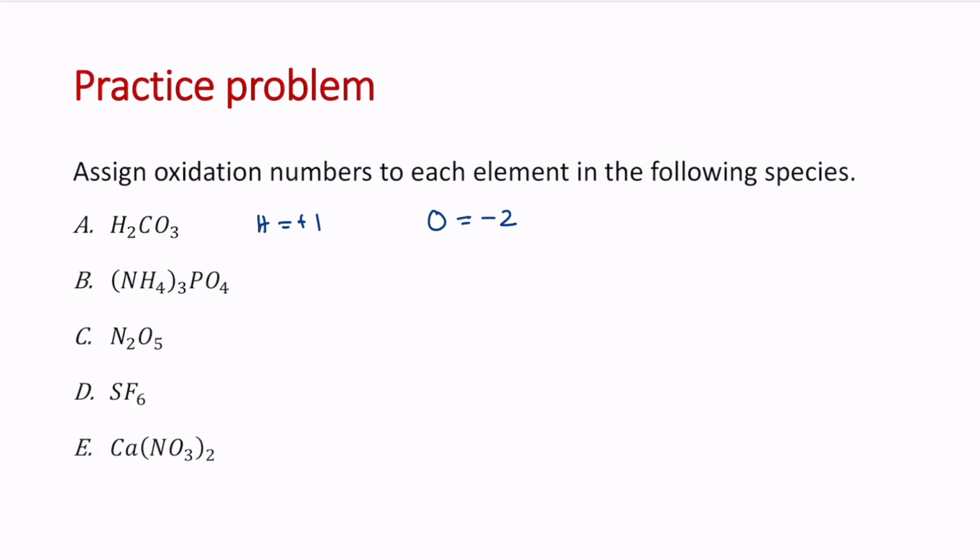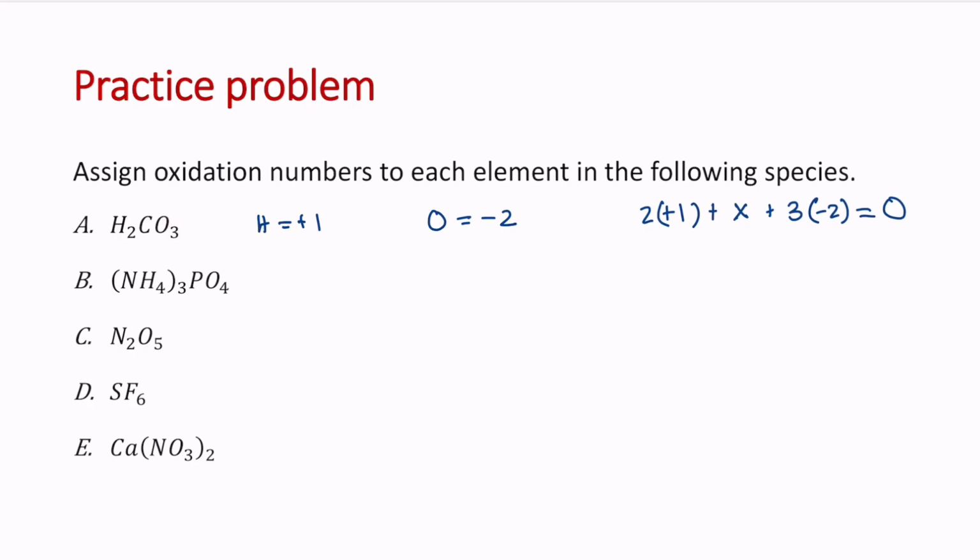I know that I have an oxidation number of +1 for hydrogen, and I have two of those. I only have one carbon, so I can just solve for x. And then I have three oxygens, and the oxidation number of oxygen is -2. This has to add up to 0, because carbonic acid doesn't have a charge.